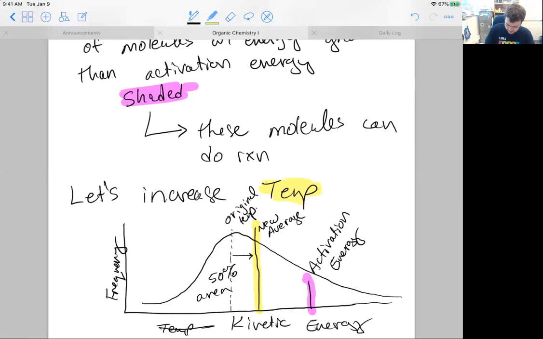And what's exciting about this is the activation energy doesn't move because that reaction is just fixed. We've increased the temperature to bring our molecules closer to that kinetic energy required for the reaction to occur. Do all of the molecules have the kinetic energy for our reaction? No, definitely not. But a much bigger proportion of those molecules do.